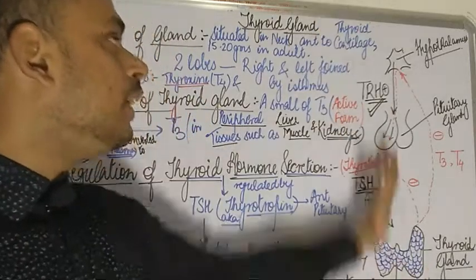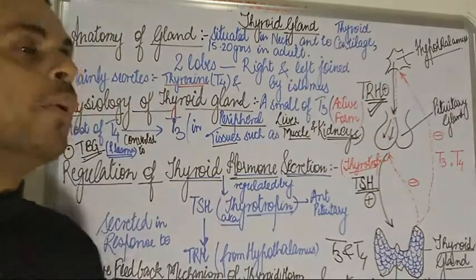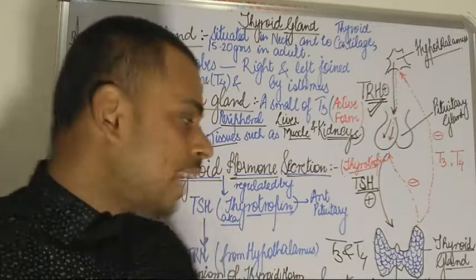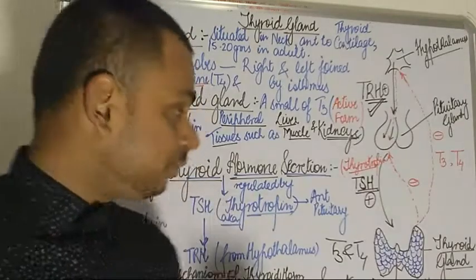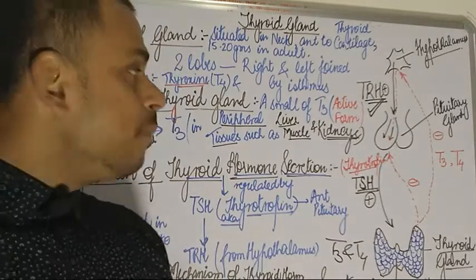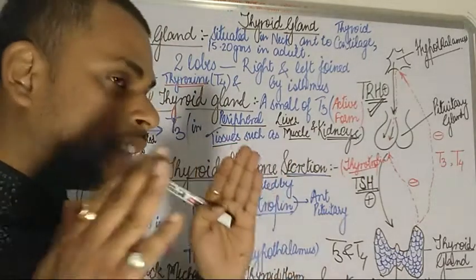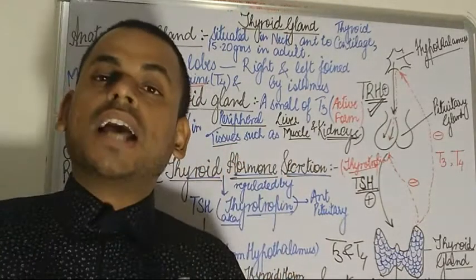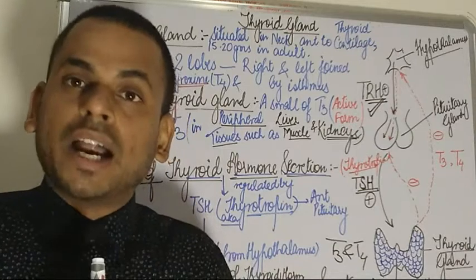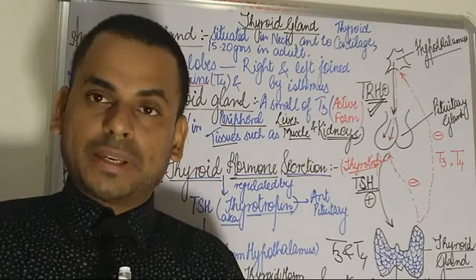So this was the entire mechanism by which the secretion of the thyroid hormones is maintained: thyroid hormone secretion proceeds under the negative feedback mechanism.